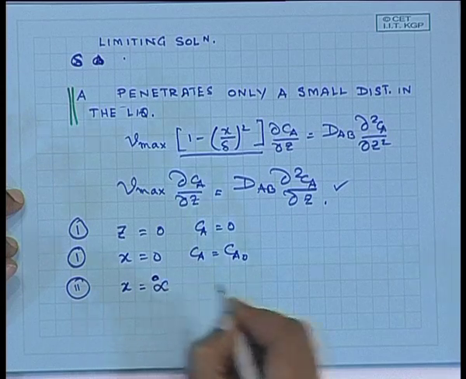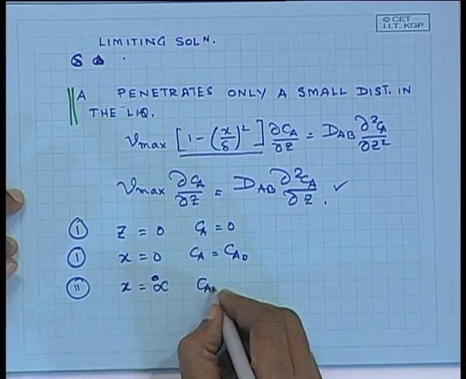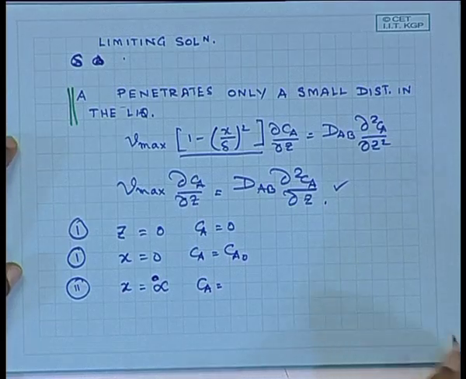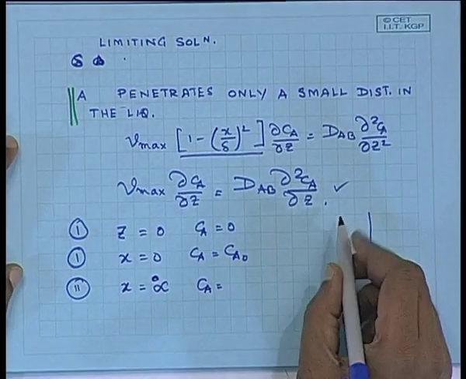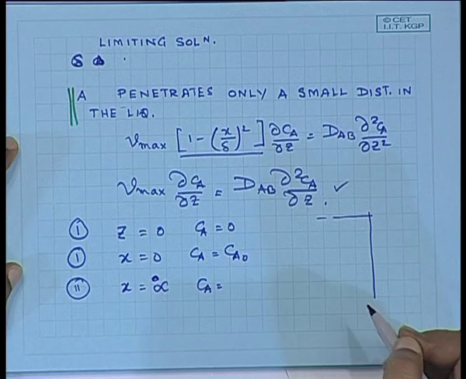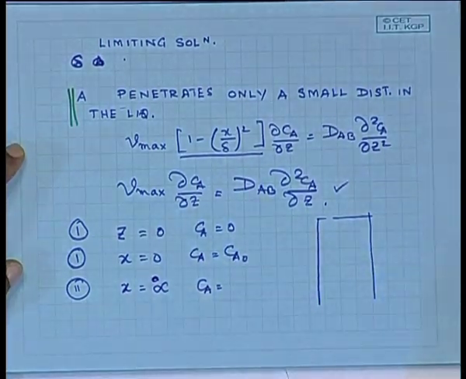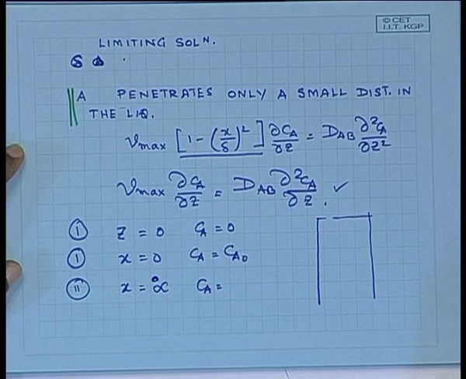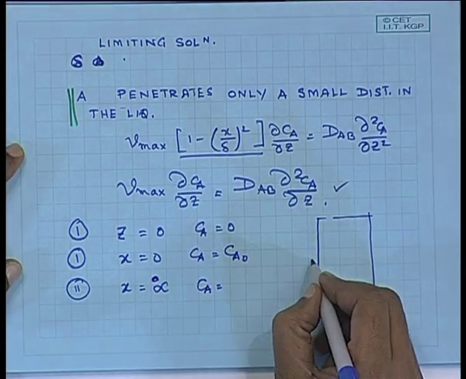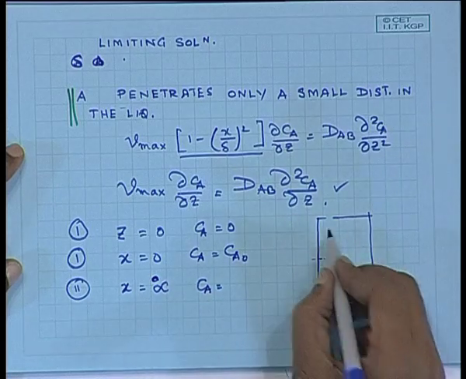Now I am going to write this as x tends to infinity, what is the value of Ca? Now what is infinity in this case? Infinity we define based on our convenience sometimes. This is the outer edge of the falling liquid film. The gas has penetrated only a small distance.